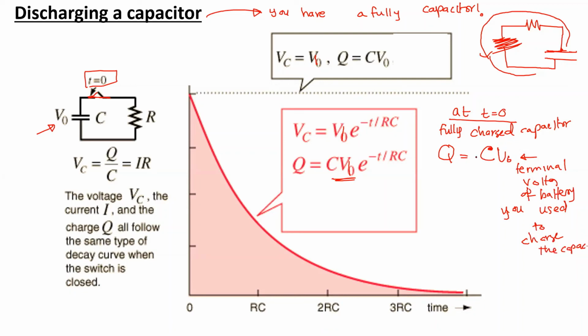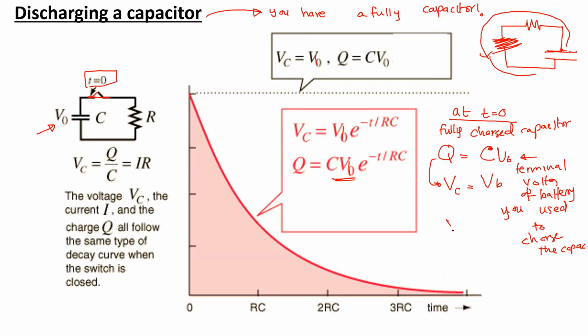So it is the same as what we did before. Q will be maximum at t equals 0, and the voltage across the capacitor is equal to the terminal voltage of the battery. So those are our conditions at t equals 0 for the capacitor.